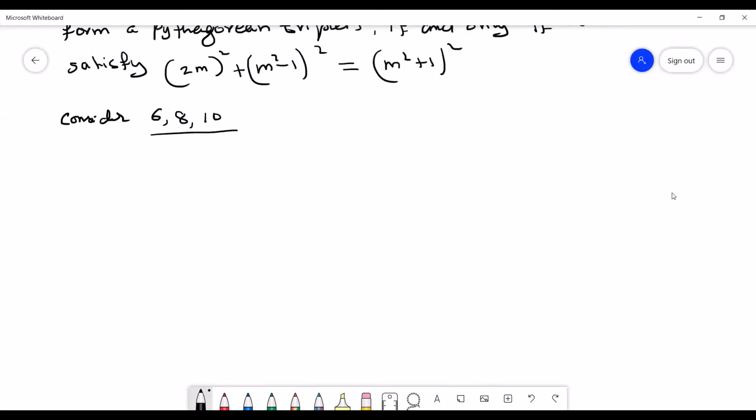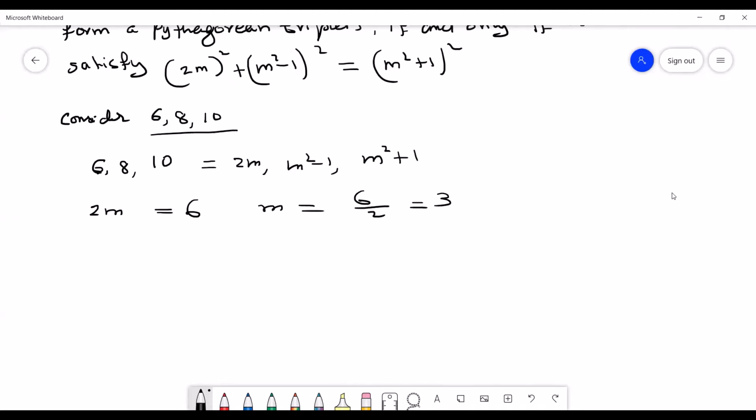Here these three numbers 6, 8, and 10, we can say are equal to 2m, then m square minus 1, then m square plus 1. It means 2m is represented by 6, that is m is equal to 6 divided by 2, that is 3. Okay, then 3 is m.